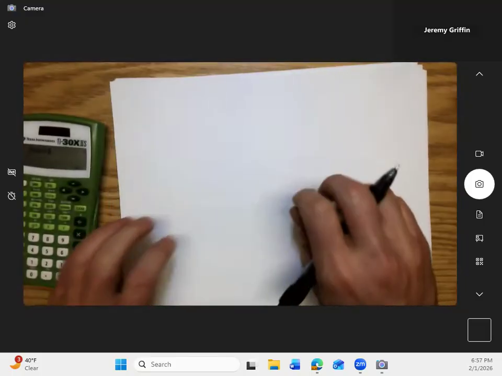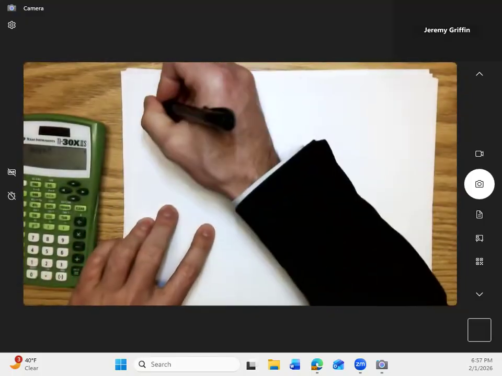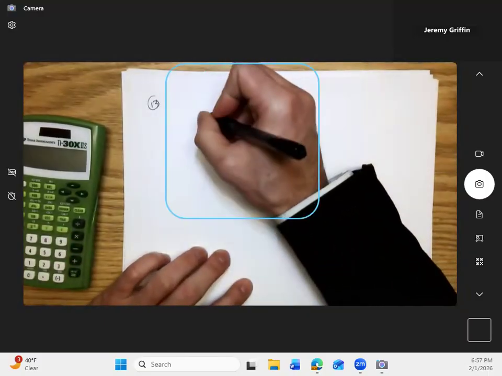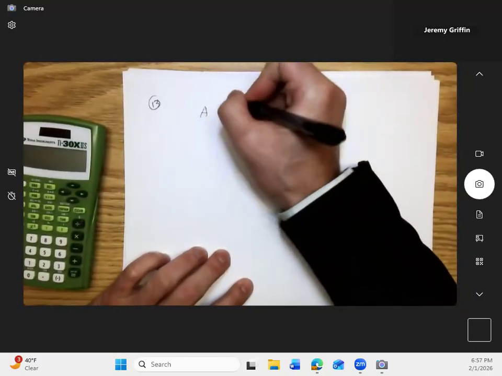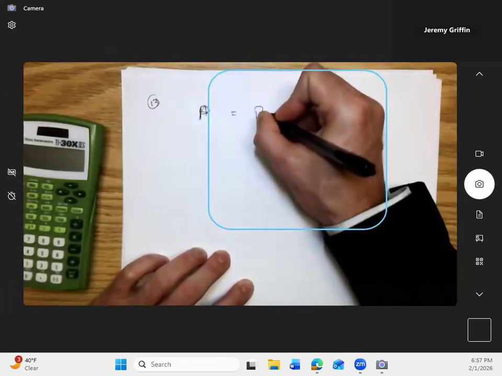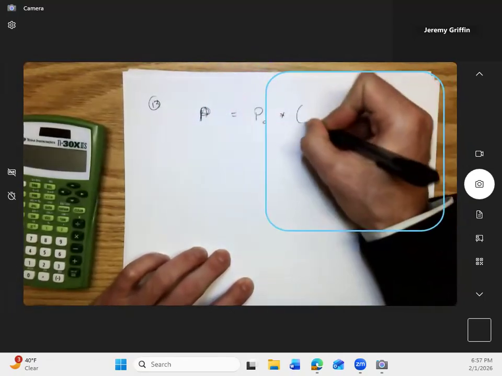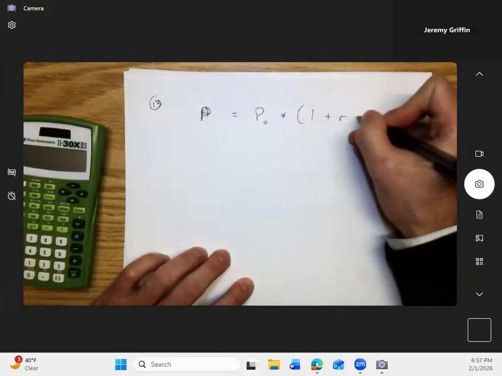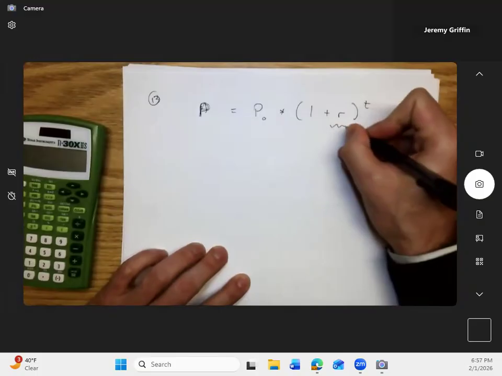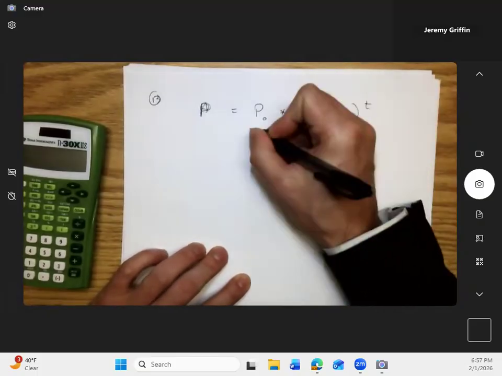So, let's try a simple model of this. I think that would be more fitting. So I'll say the population, let's just say P for population, equals the initial population times, let's just do simple growth. Because they're saying 26% per year, this R is 0.26.